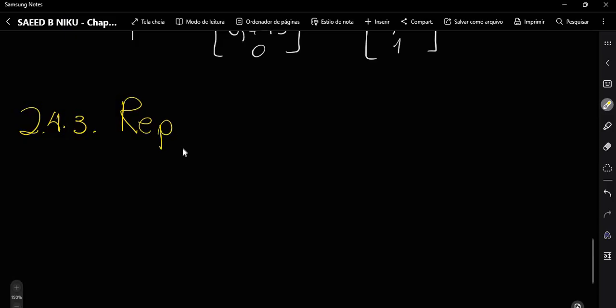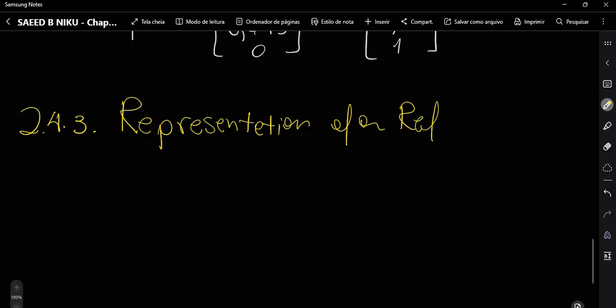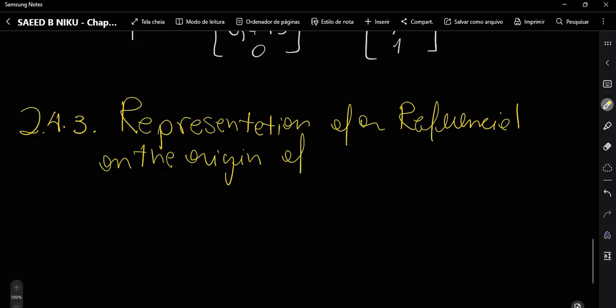Let me write this: the representation of a referential on the region of a fixed reference system.